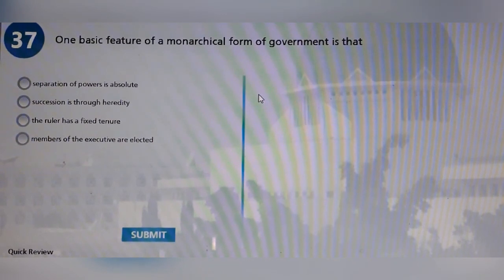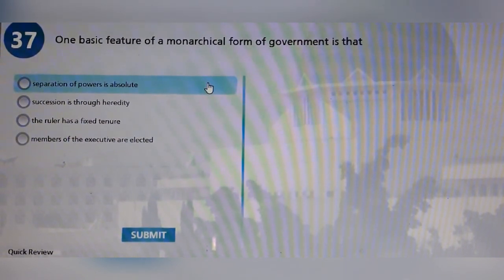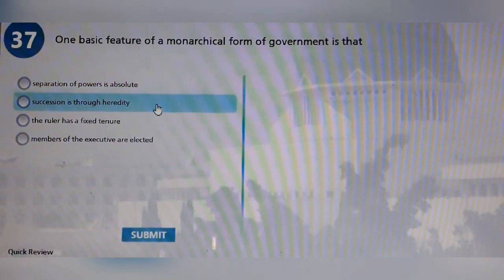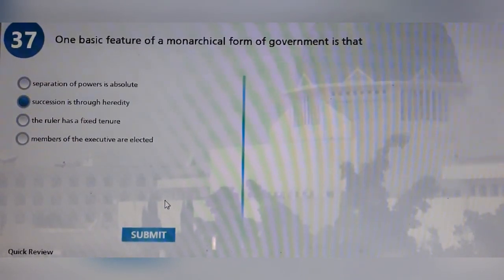A monarchical form of government deals with the rulership of kings or queens. Of course, we know our answer is clearly succession. Succession is true heredity.